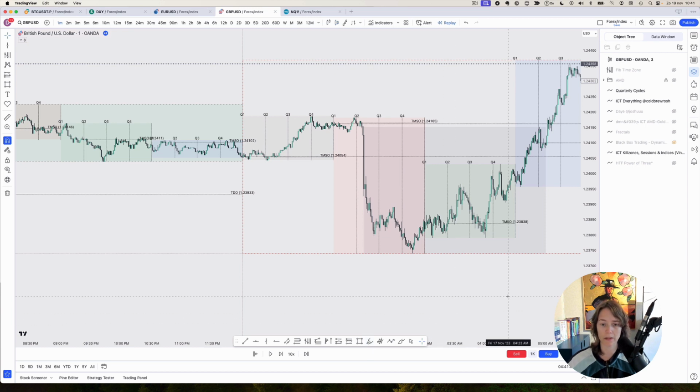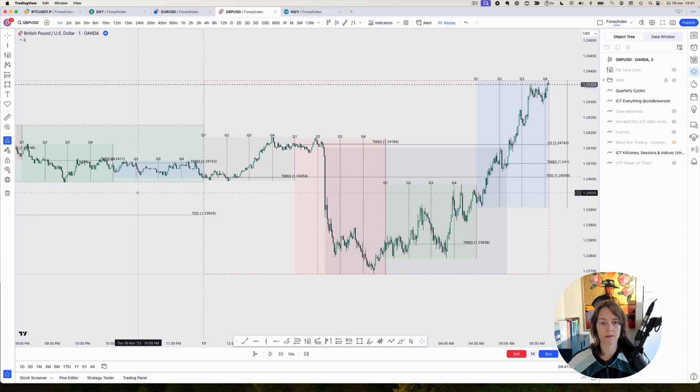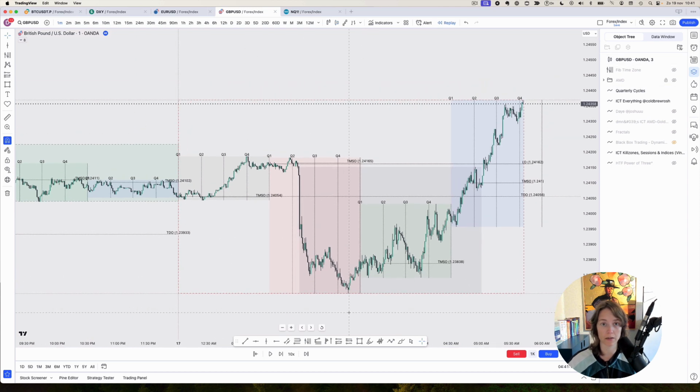And you will start to see that on every time frame, you have quarters, and the quarters become smaller quarters and smaller quarters, and every time frame you can divide into quarters again, and you will start to see that the true open price is the opening price of the second quarter.